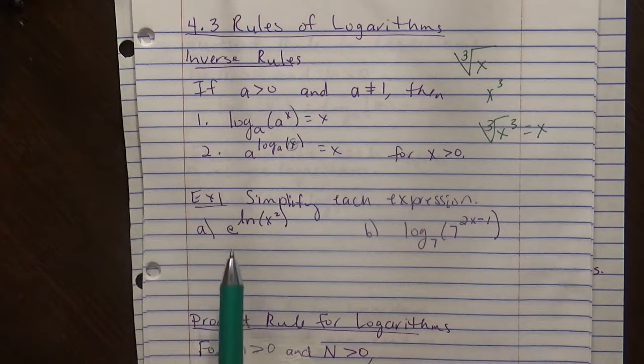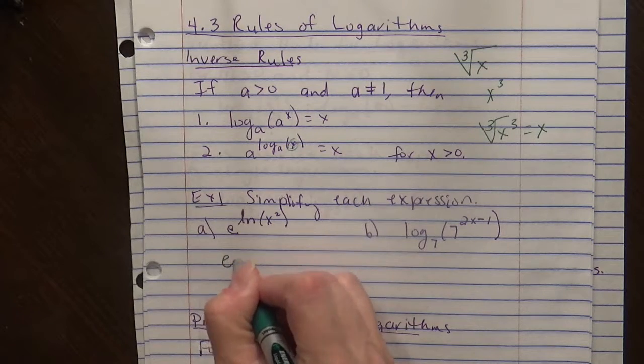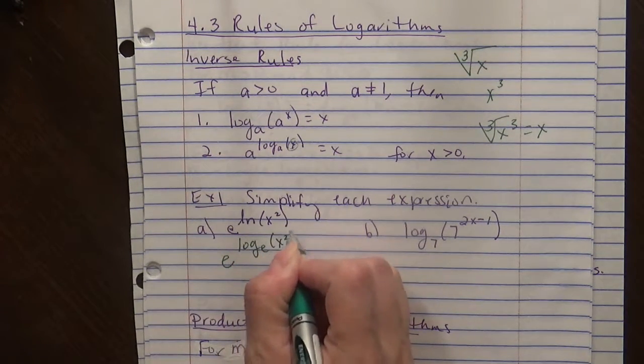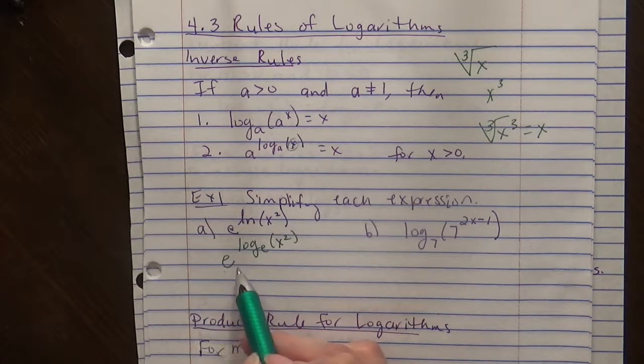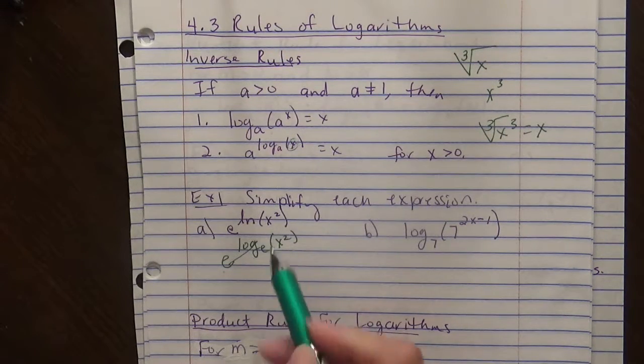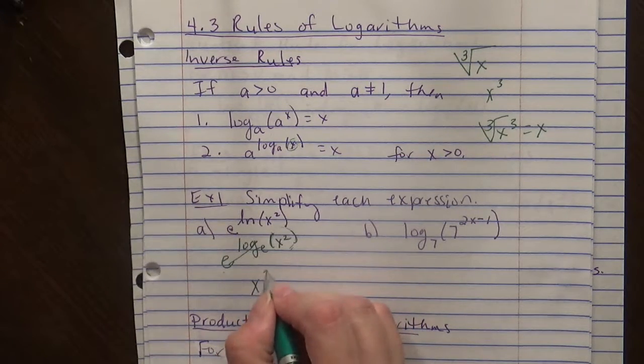But e is just an irrational number. And also remember that natural log means log base e. So what you really have here is e raised to the log base e of x squared. And since these have the same base, they're inverses and they cancel each other out. So what do you think is going to be left? My answer is going to be this x squared that was inside my log function. That's what's left over.